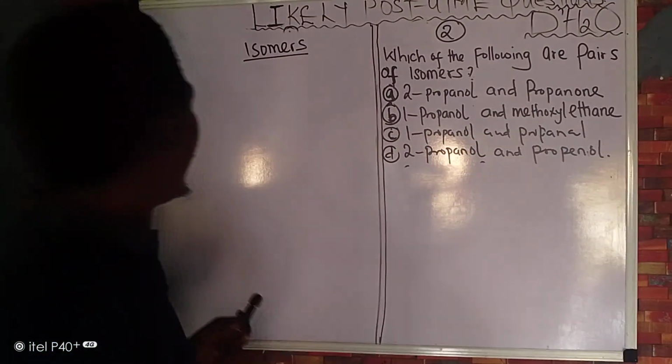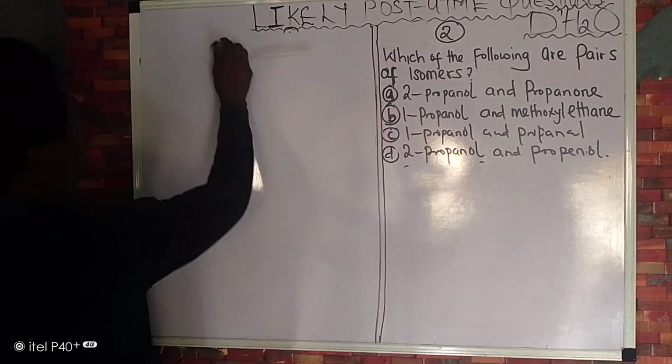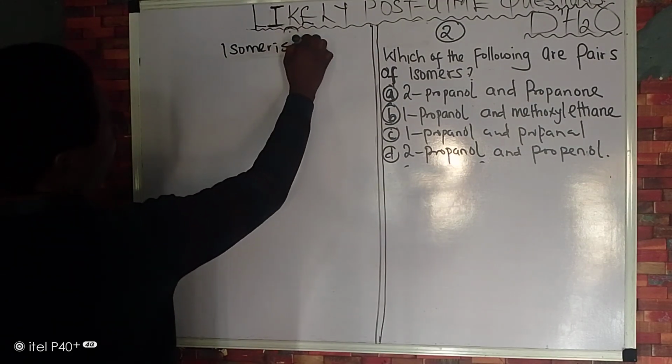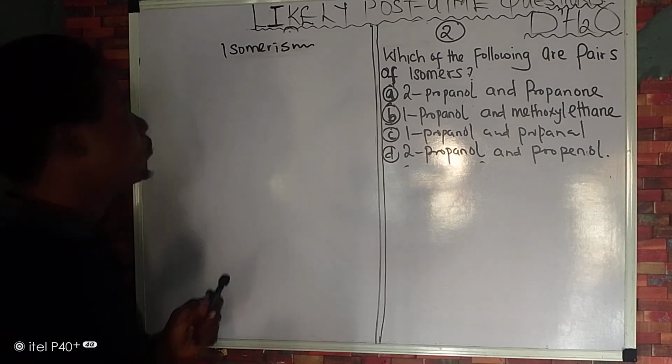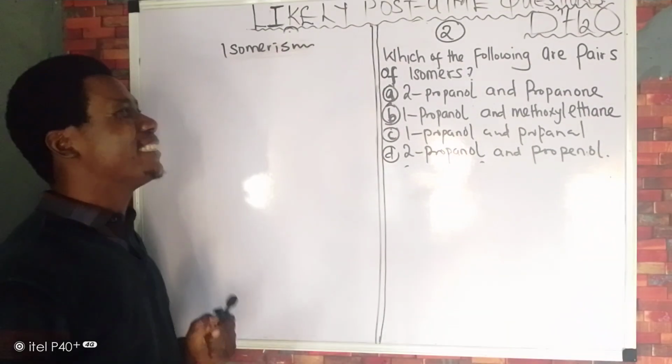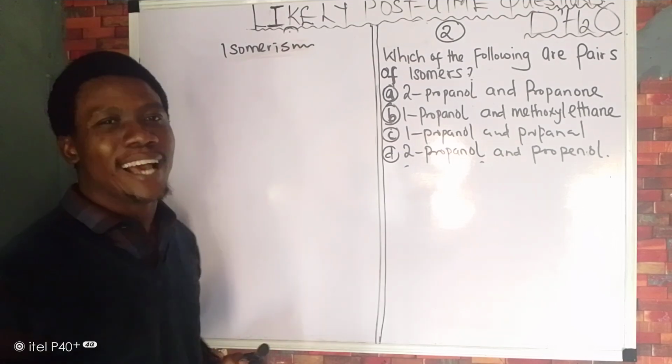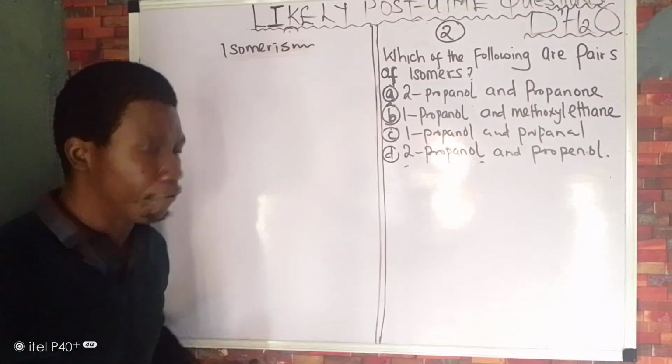Isomers comes from isomerism. Don't forget that. In isomerism, two or more organic compounds possess the same molecular formula and we call them isomers, but they have different structural formula.